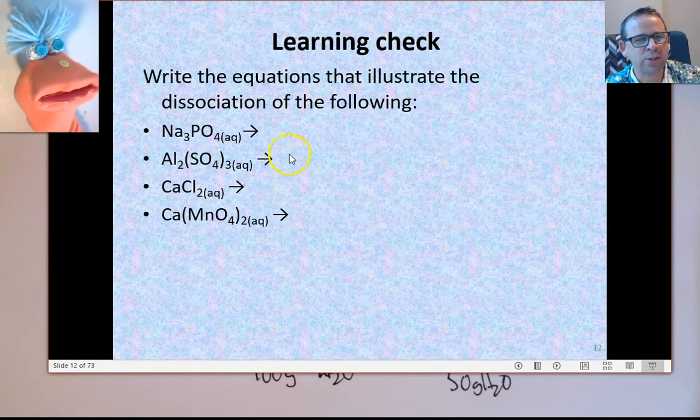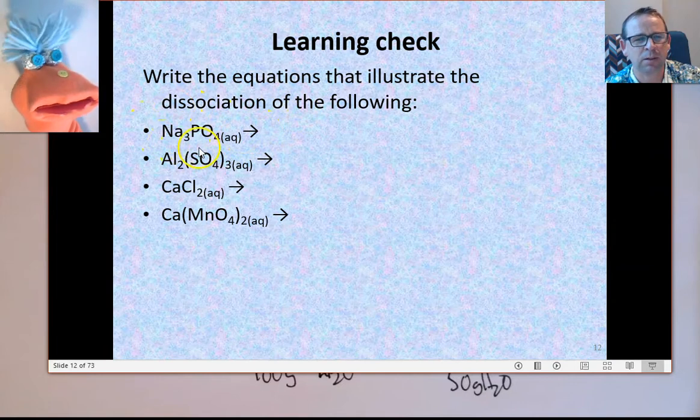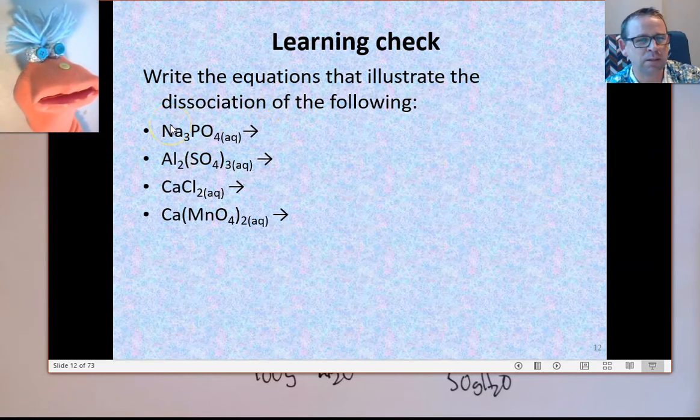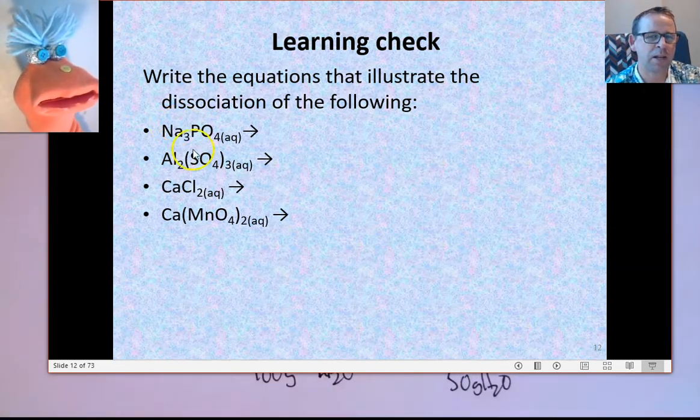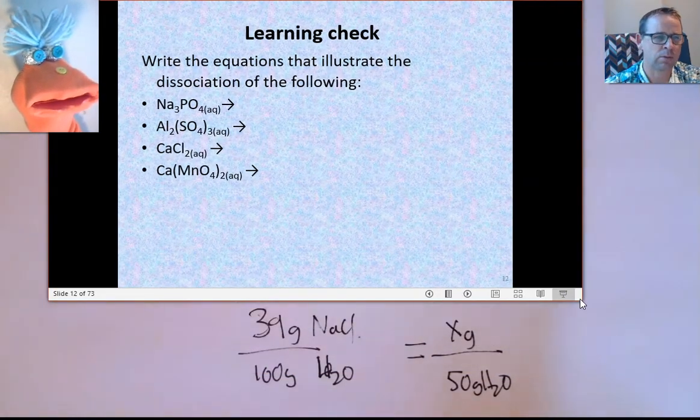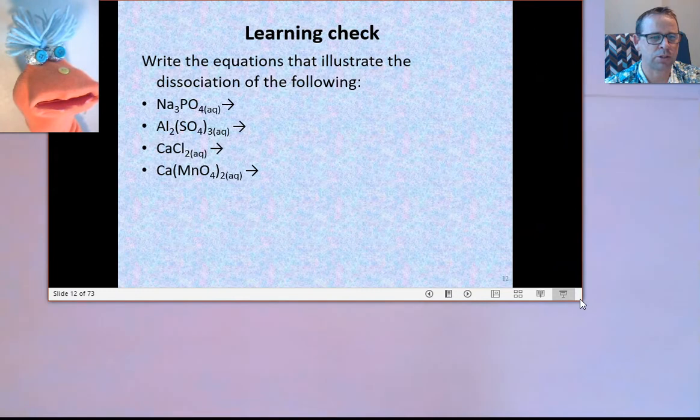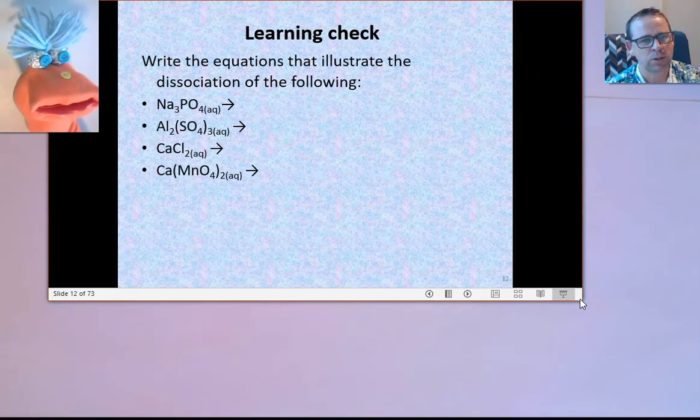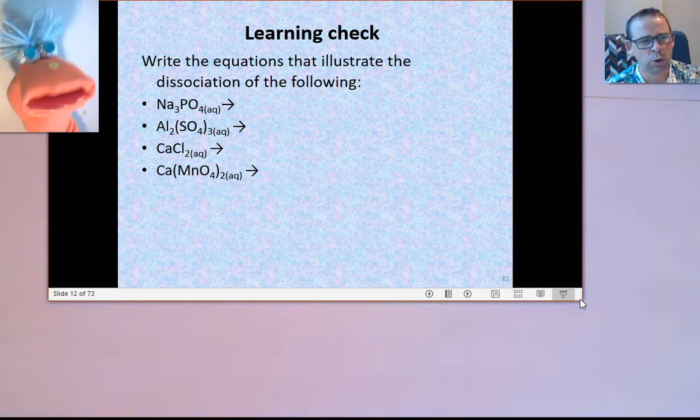So let's write the dissociation of these compounds. Let's identify the 2 ions, anion and cation, usually there's just going to be 2 ions. Let's identify how many of each there are, and let's write their charges off to the right. So what are the 2 ions that we have here in this first compound? Sodium, you got 3 of them, so 3 Na plus.